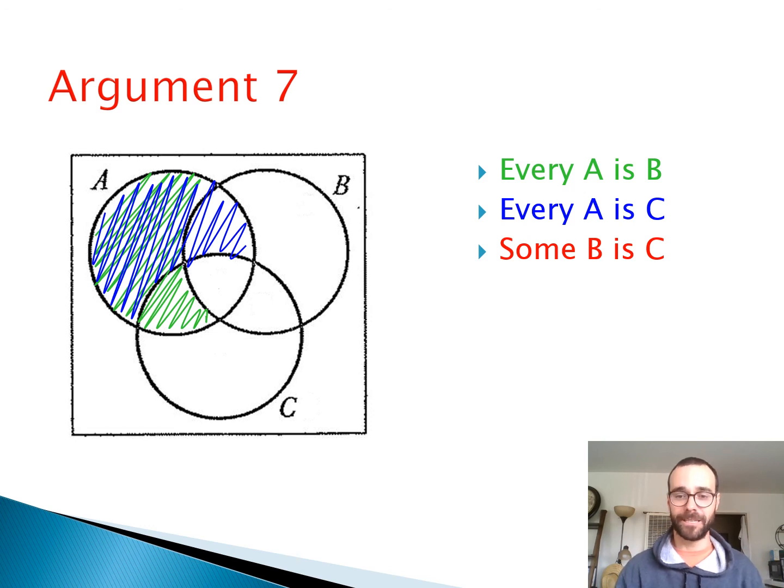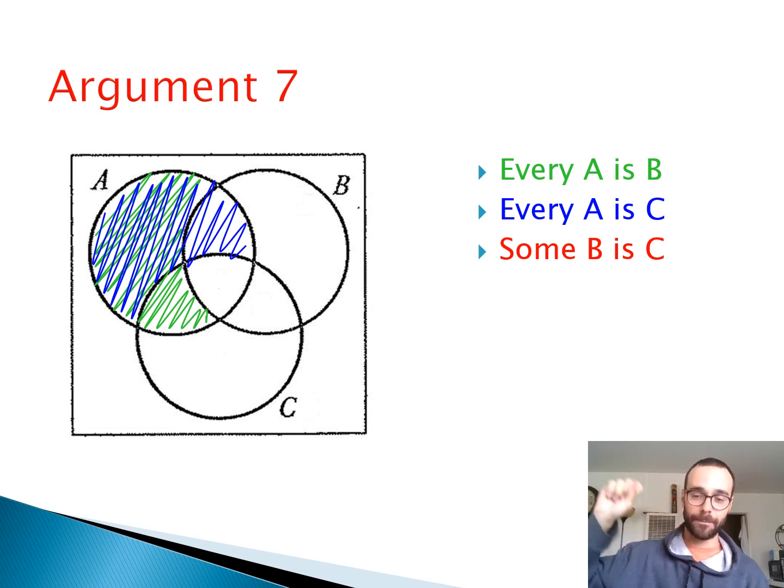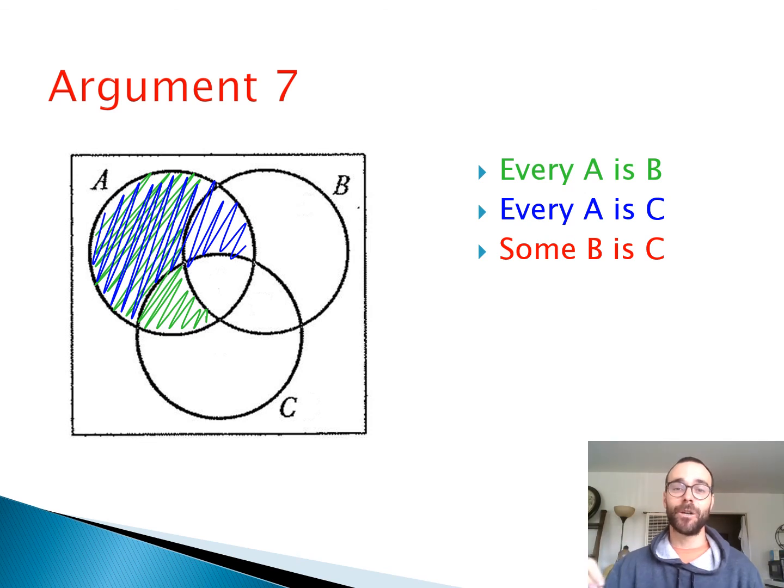The problem here is that some B is C. This conclusion is not represented, because in order for some B is C to exist, you would need that check mark in the B and C overlap, but you do not get it. Because we have not affirmed in this instance that cats exist. We're just saying that if it's a cat, it's a mammal.